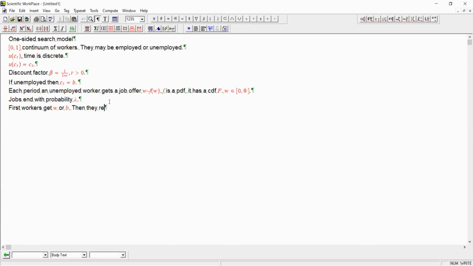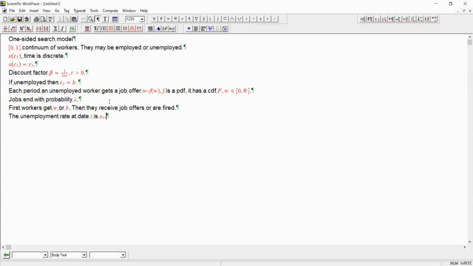Then they receive job offers or are fired. And the unemployment rate at date t is u_t.